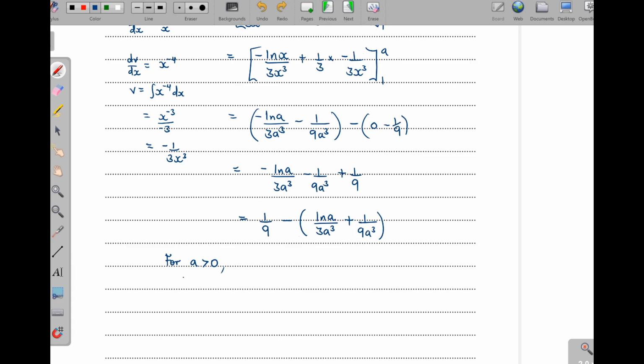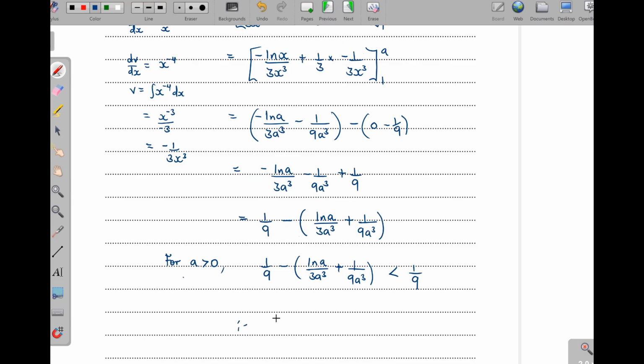So you are going to get something smaller than this. 1 over 9 minus something from it, you are going to get a smaller value. You see that? So for a greater than 0, 1 out of 9 minus natural log of a out of 3a cubed, then plus 1 out of 9a cubed. This one will always be less than 1 over 9.